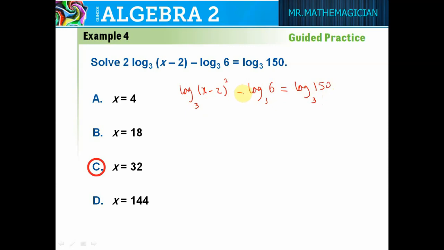Now this minus, we can make a division, so log x minus 2 to the power of 2 over 6 base 3 equals log 150 base 3.